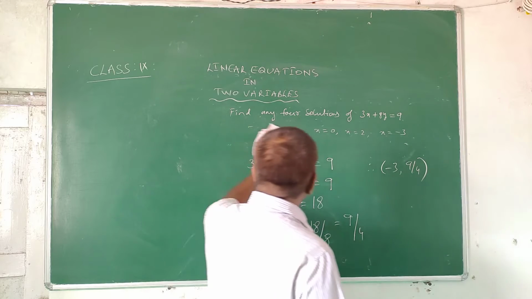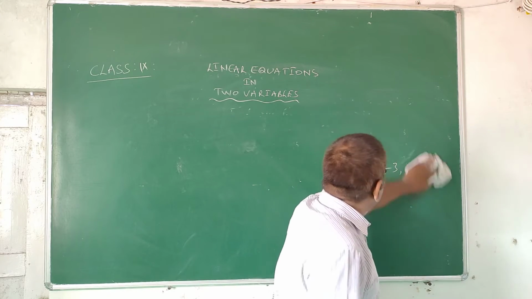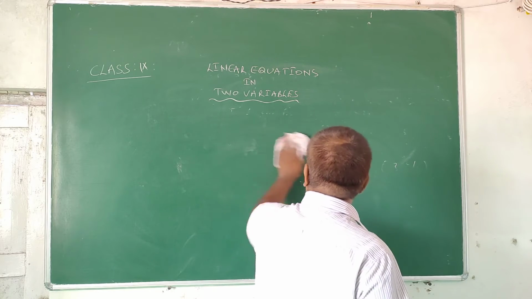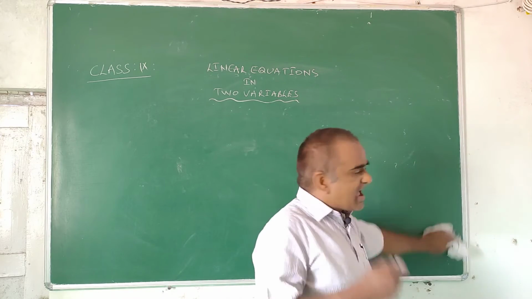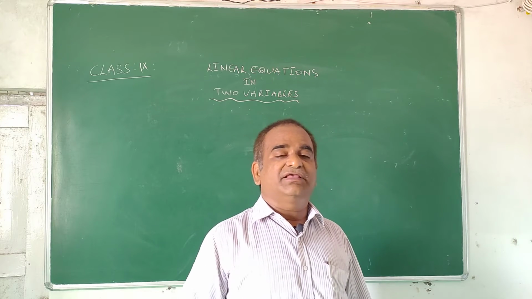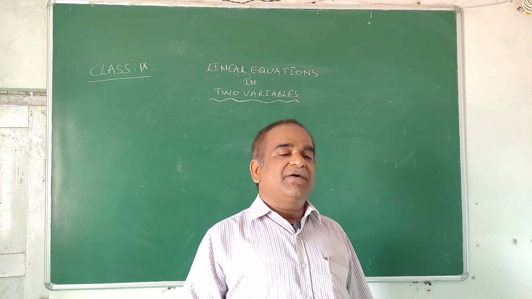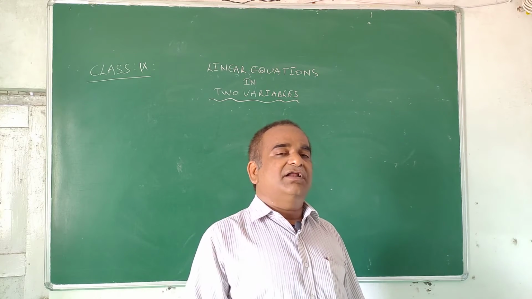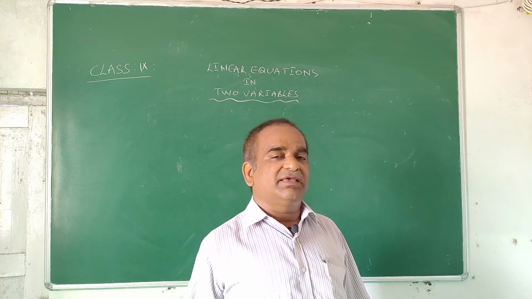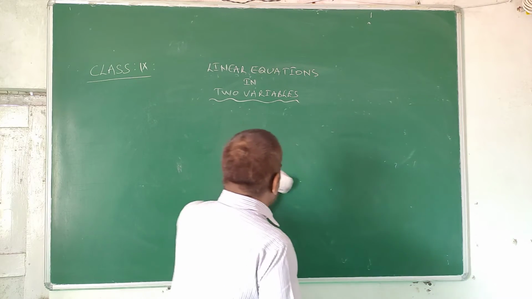And next, our next point of discussion is verifying whether the given ordered pair is a solution of the given linear equation or not. Please do understand, this is our next point of discussion.